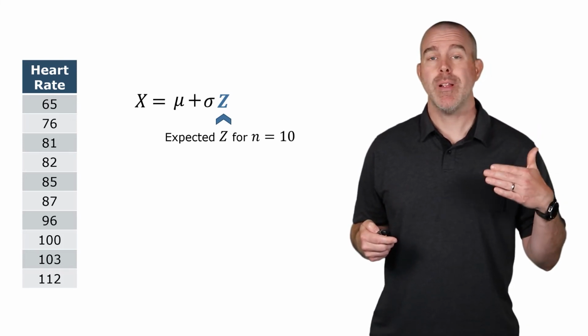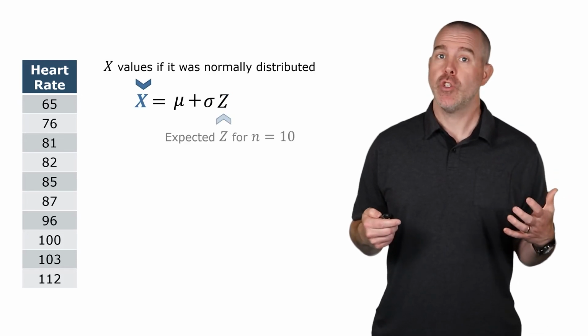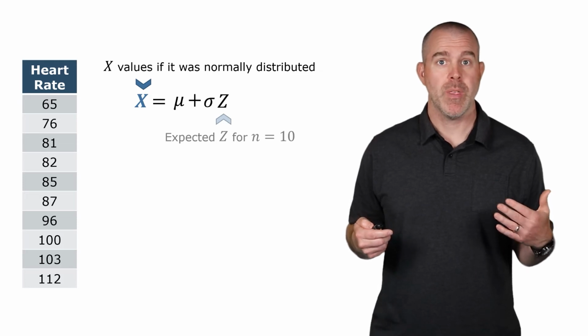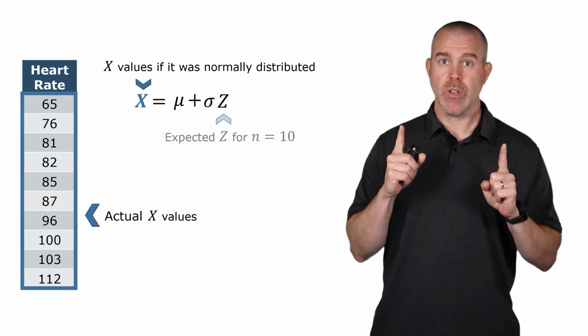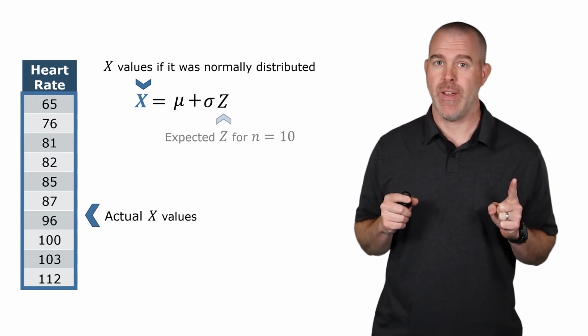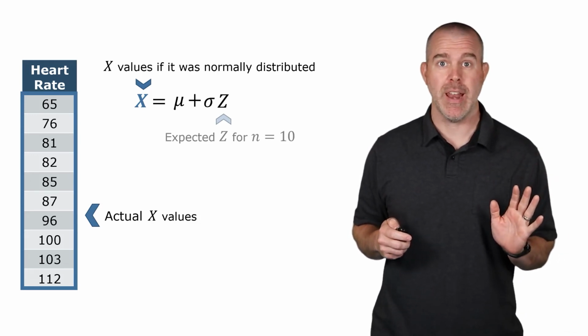So then when we multiply by the standard deviation and add the mean, we get what the x should be if the values were normally distributed. And then we have the actual x values to compare. And what we're going to do is focus on that relationship between the expected x values and the actual x values.